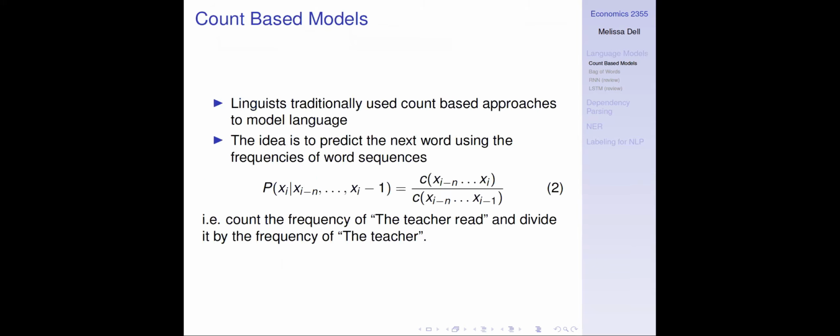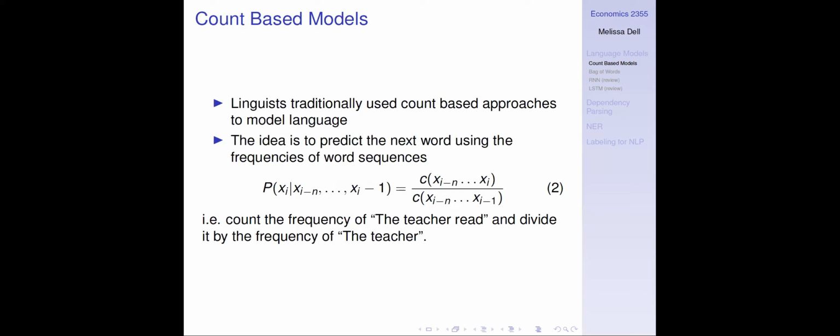So instead, what people did before there was deep learning was to use count-based models. This was the engine of computational linguistics in the pre-deep learning era, and you'll still see these used sometimes. The idea is to predict the next word using the frequencies of word sequences. You're just counting up frequencies from your training data.